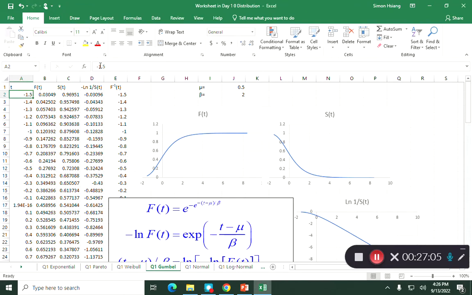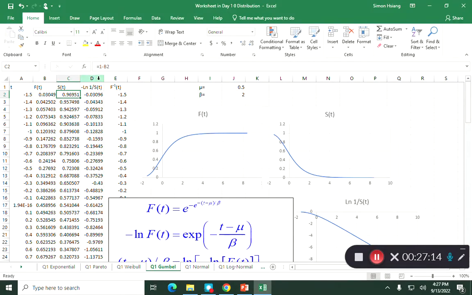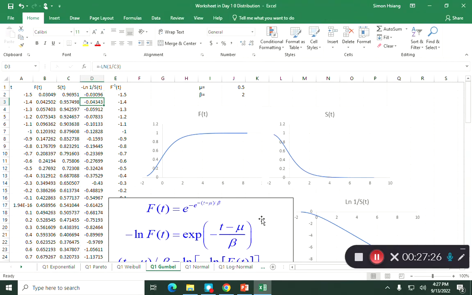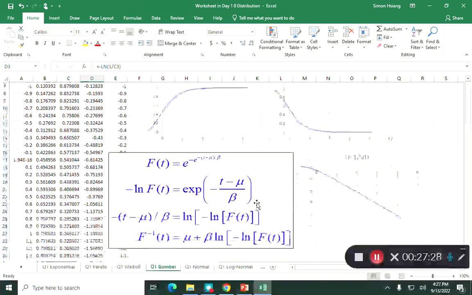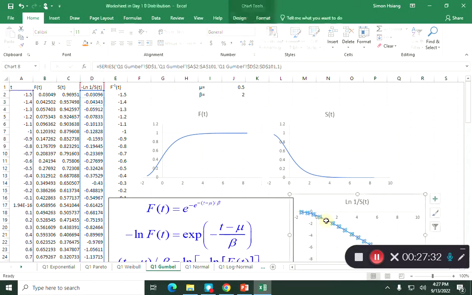So first T, and then FT, and then ST, 1 minus, and then log, ST, and finally, when you plot the things, it is T against this.